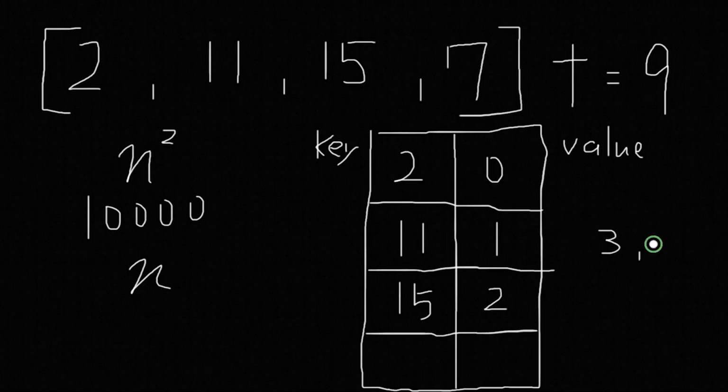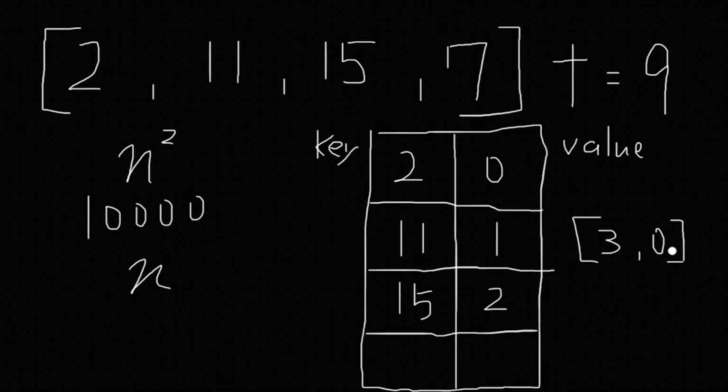So 3, 0 is the answer. In this case, 0, 3 is also fine, because the description said we can return the answer in any order.